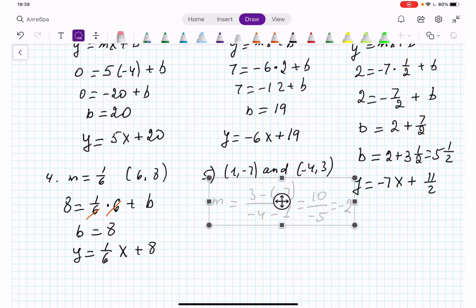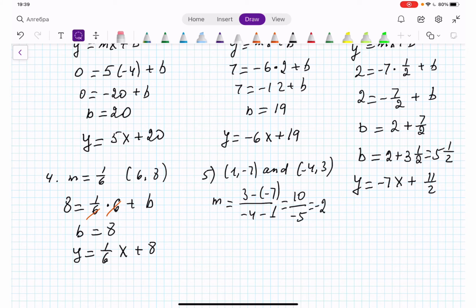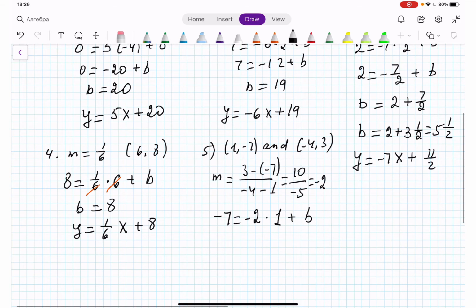We can take now the slope and any of these points. I'll take (1, -7). So y is negative 7, is equal to negative 2 times 1 and plus b. So we are getting negative 7 plus 2 is equal to b, and b is equal to negative 5.